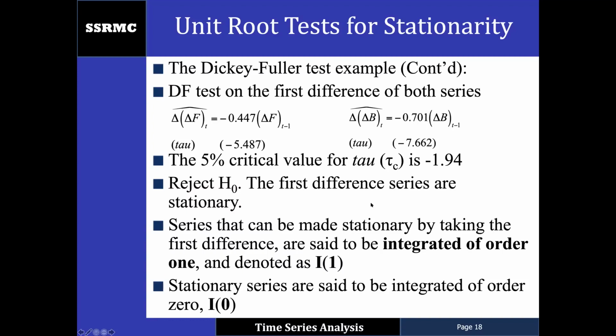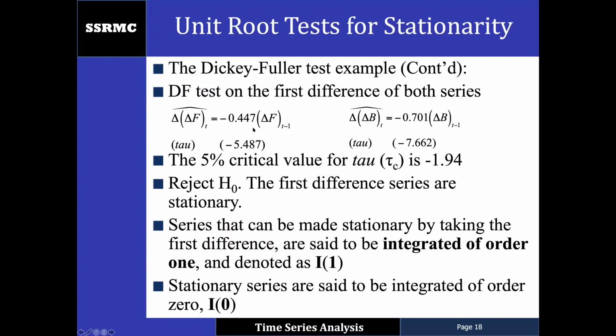Then the next step is to calculate the first difference of both series. You may still recall that the time series charts of those two differenced series are very stable and they fluctuate around the mean of 0. So this is why for the test equation, we do not include the intercept term and we don't need the trend term.